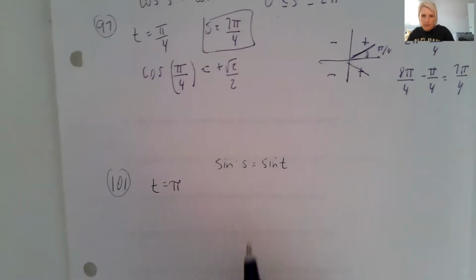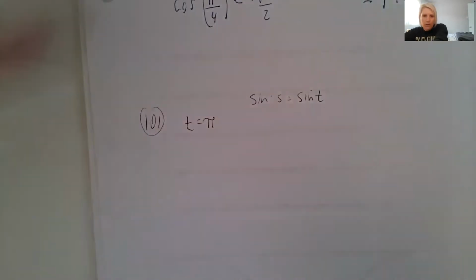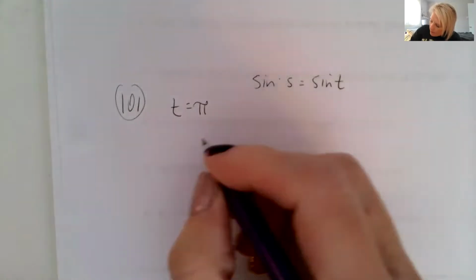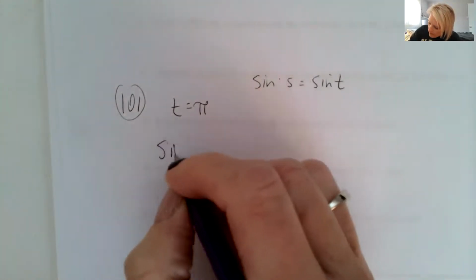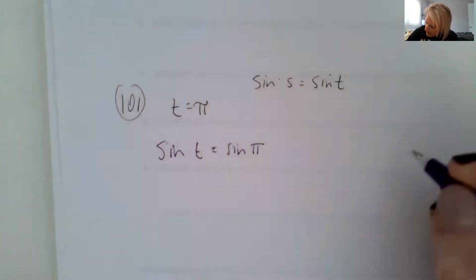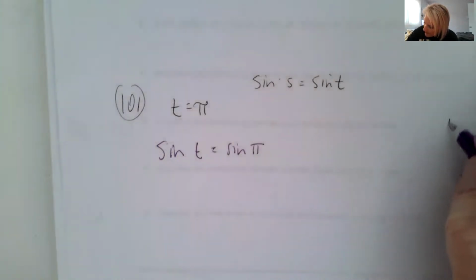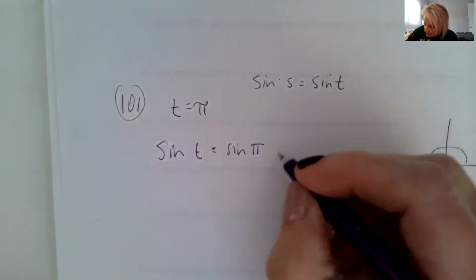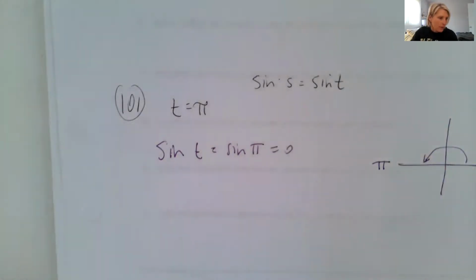Sine of S has to equal sine of T, and we want T equal to pi. So sine of T is the sine of pi. And that would be right here, because this is pi, and sine at pi is 0, right?